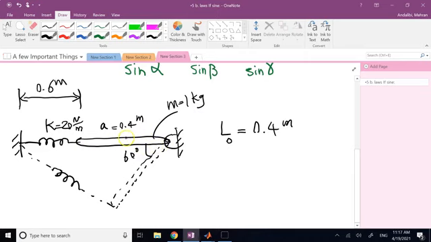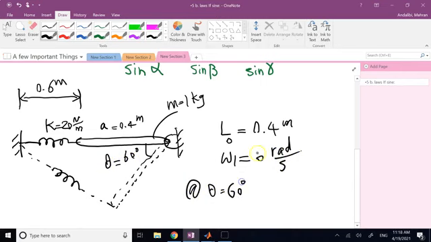So omega at the beginning is 0 radians per second. It says when this angle theta becomes 60 degrees, and this was when theta was 0, for this situation, you tell me what is omega 2.